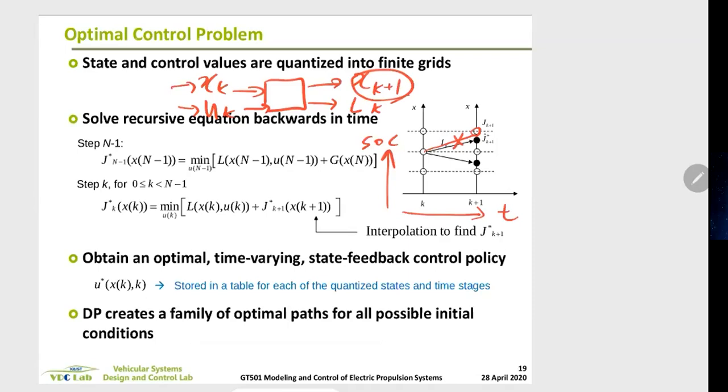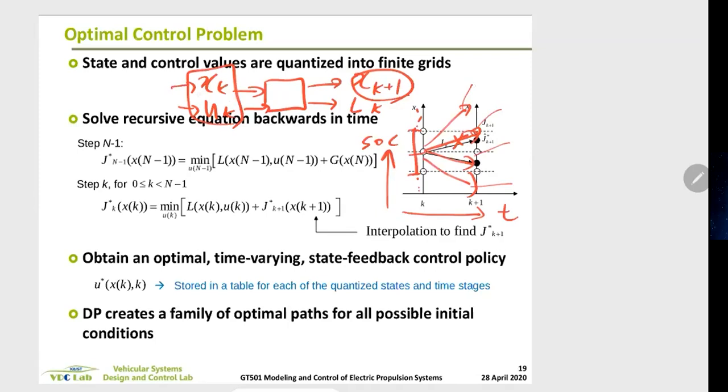So for example, we discretized X and U. So now this is discretized, right? And we also discretized U. So we are shooting different options, right? So U1, U2, U3, U4, right?